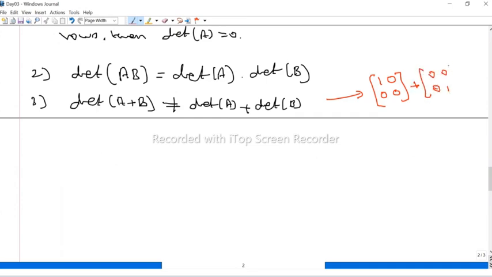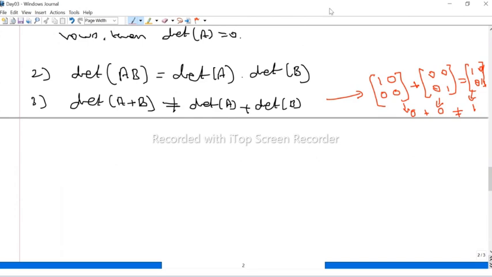If you add these two matrices, you get the identity matrix 1 0 0 1. But what is the determinant of A? 0. What is the determinant of B? 0. But the determinant of the sum is 1. Therefore, determinant of A plus B is not equal to determinant of A plus determinant of B. It may be true for some special types of matrices, but in general it is not true.